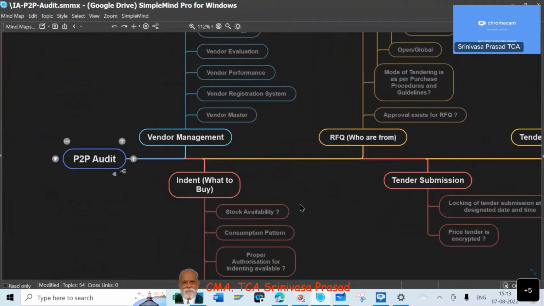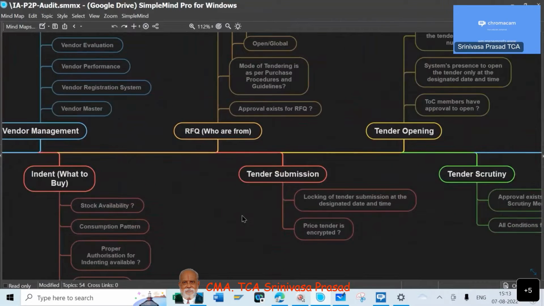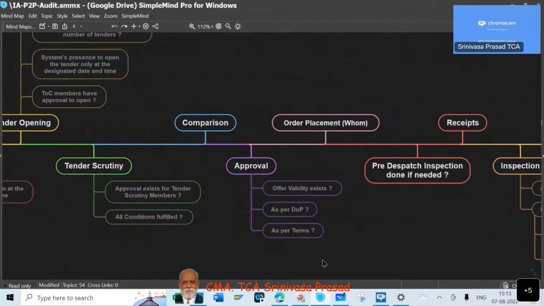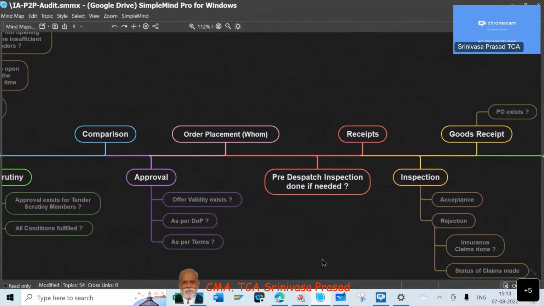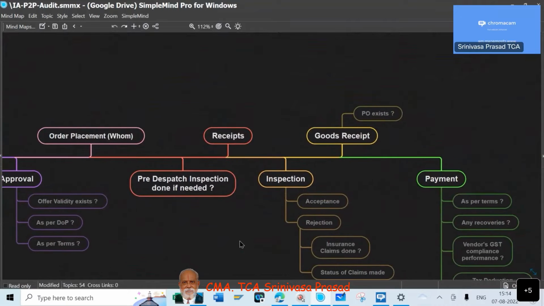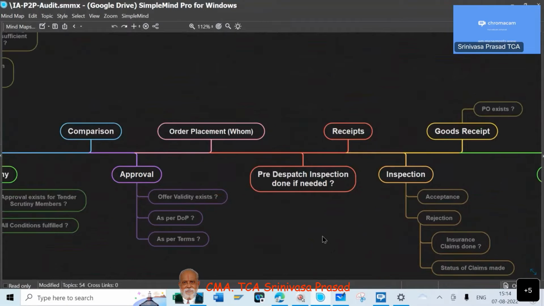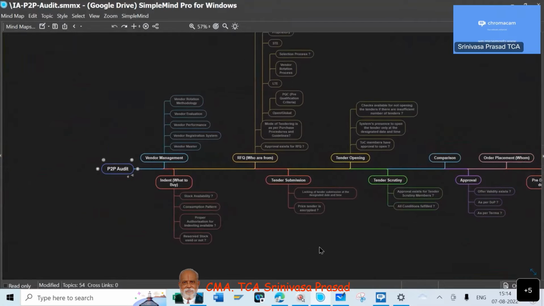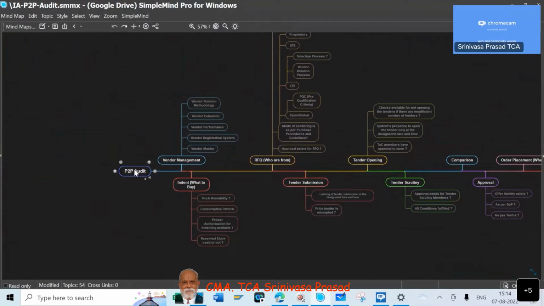Then tender submission, tender opening, tender scrutiny, comparison, approval, order placement, from whom we should place the order, then receipt, inspection, goods receipt, payment. This is the total gamut of any P2P activities. That is what we were studying.